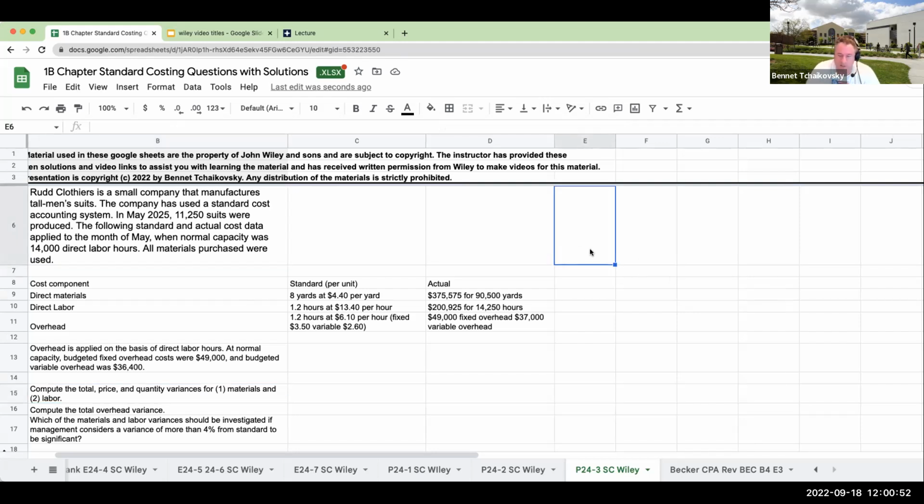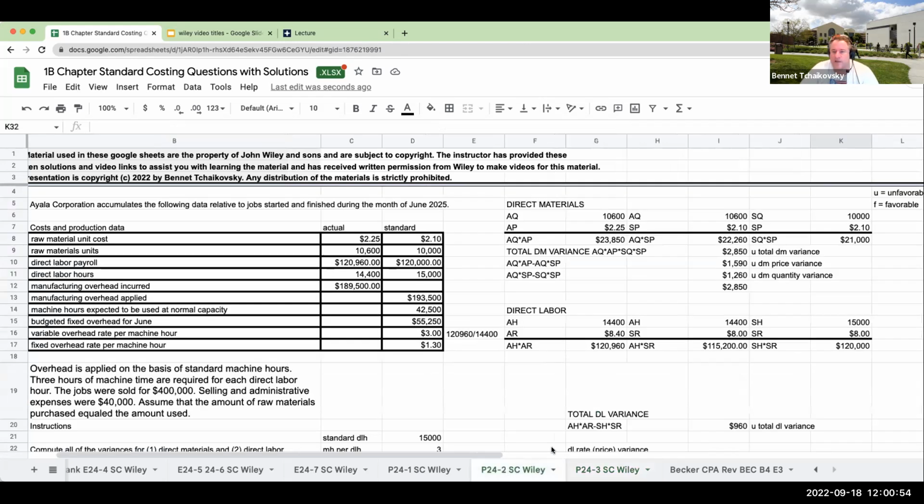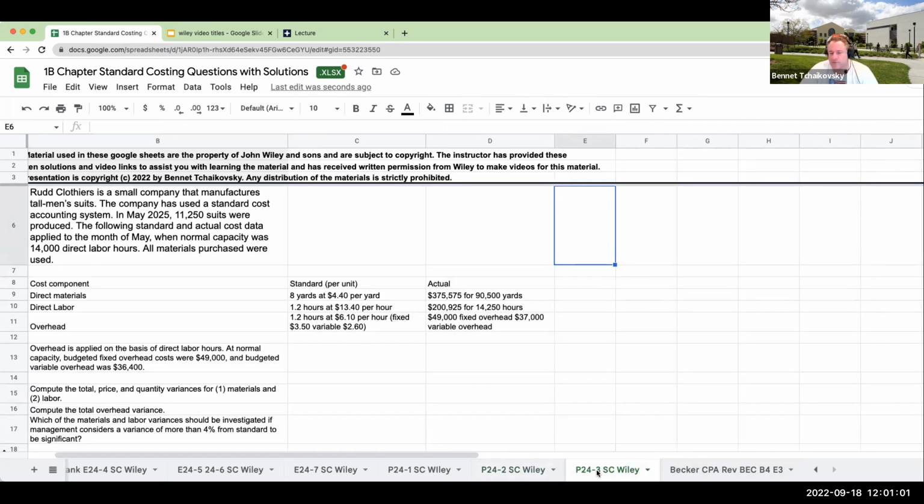So for direct materials, I'll bring down my friends, which are right over here. As we go through, if you see something that says favorable or unfavorable, U or F, that's what it means.